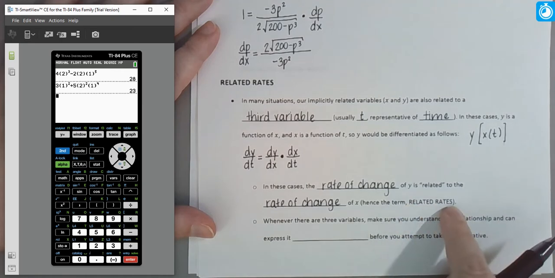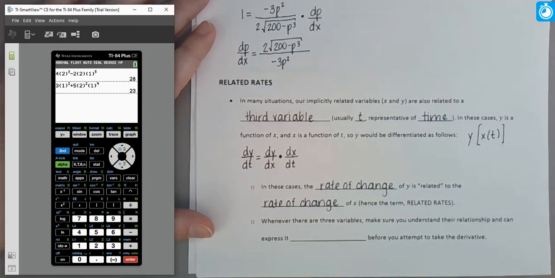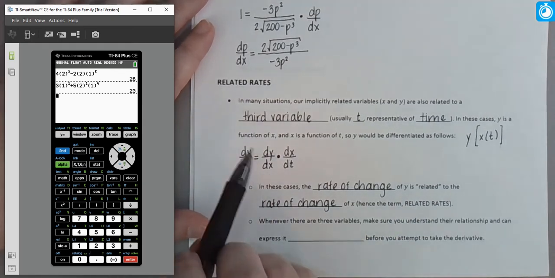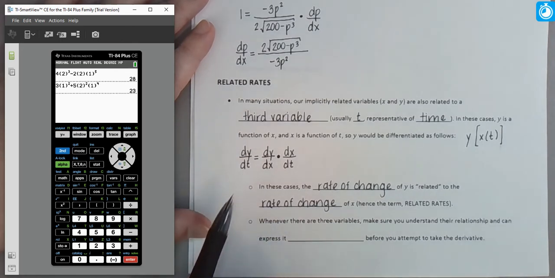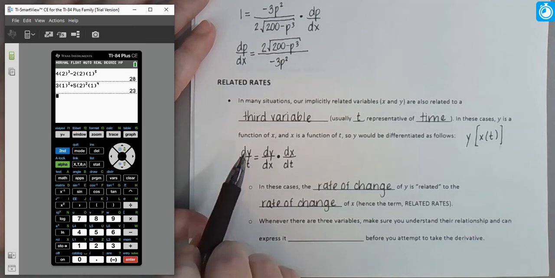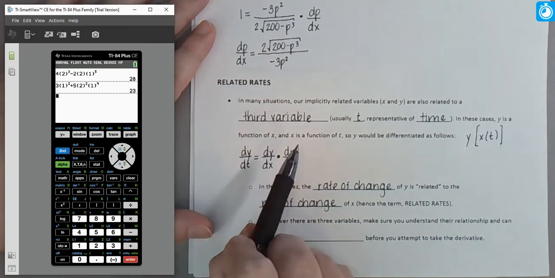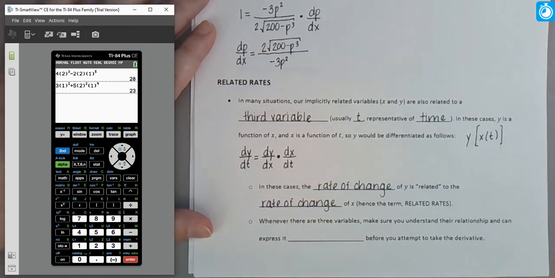Hence the name related rates. That's why we call these related rates problems. If we're interested in the rate at which our output is changing, we also have to take into account that y is affected by x, but x is also affected by how time changes. So there's a layering effect among these 3 variables.